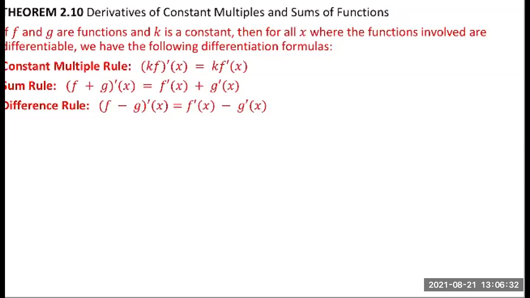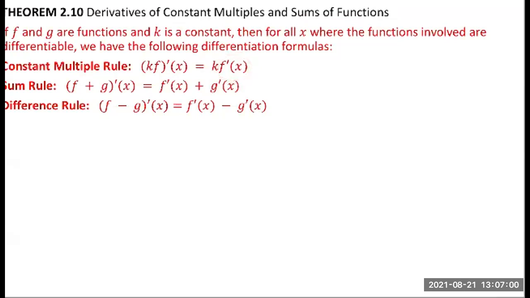All right. The next thing I want to talk about is this particular theorem, Theorem 2.10, derivatives of constant multiples and sums of functions. Here is the constant multiple rule. If you have a product of a constant and a function, k times f of x, the derivative of that would be k comes out and then times the derivative, f prime of x.